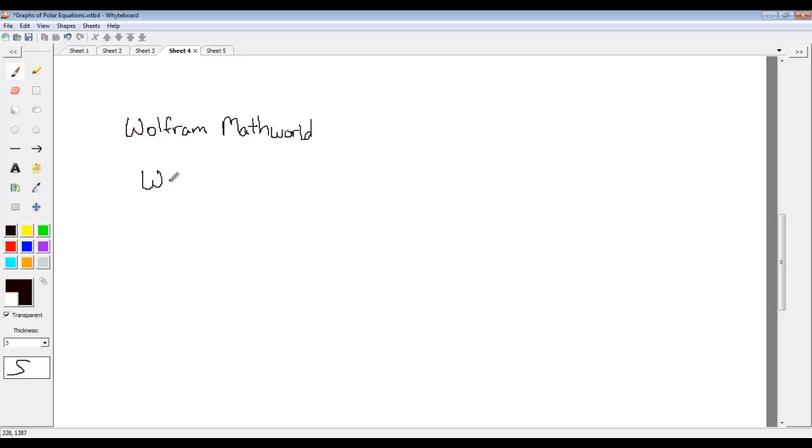And Wolfram Alpha is essentially like a calculator. You can download this on your phone too, and you can do all kinds of math with it. But Wolfram MathWorld, they talk about all these different polar graphs there. They have pictures and equations and all kinds of stuff. So that might be a cool resource to check out.